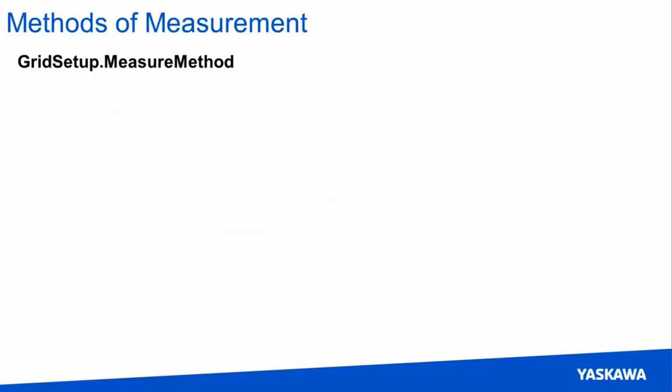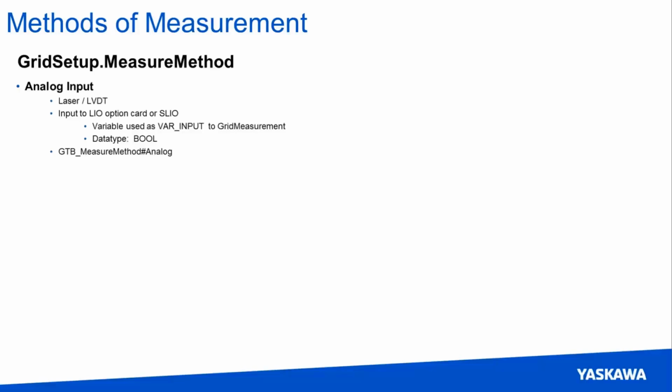So now I'll get into some methods of measurement that are supported for the grid measurement function block. We have the analog input, as you saw in the previous slides a couple ago. That's using a laser or LVDT. This is connected to either an LIO option card or SLIO input card.